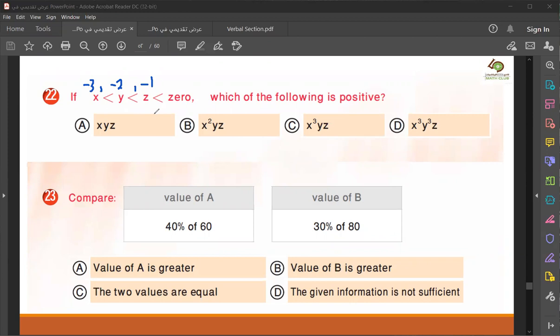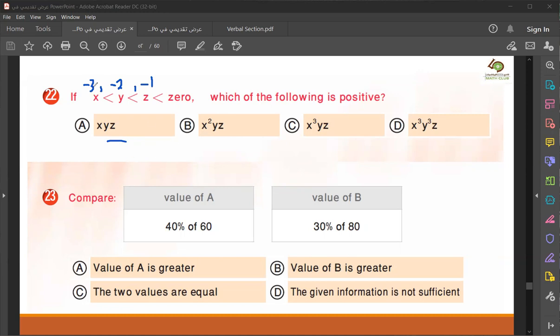Then we want to check which of the following is positive. X times y times z. When you multiply minus times minus times minus, it will be what? Negative here, right? What about the second one?